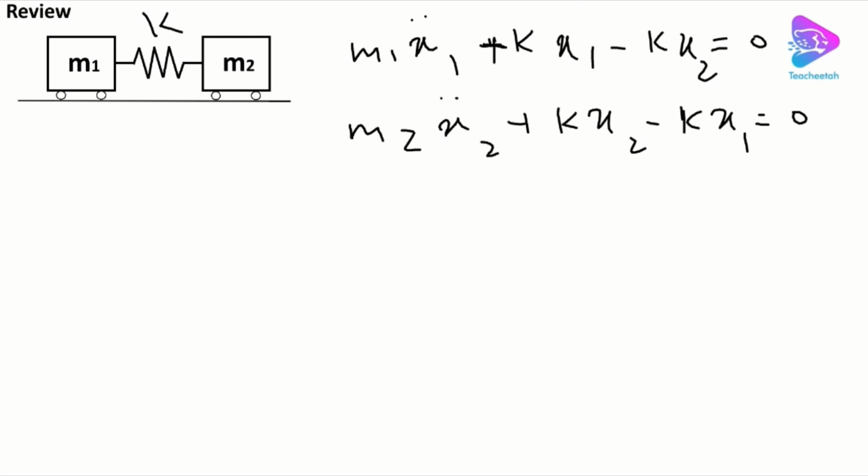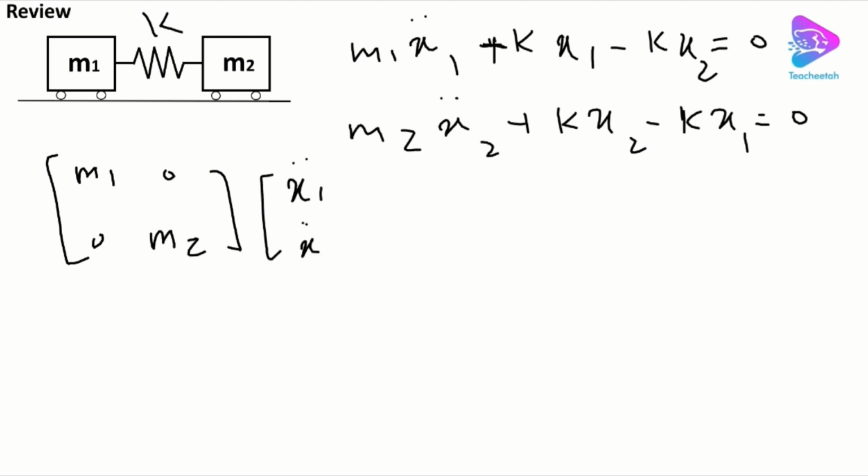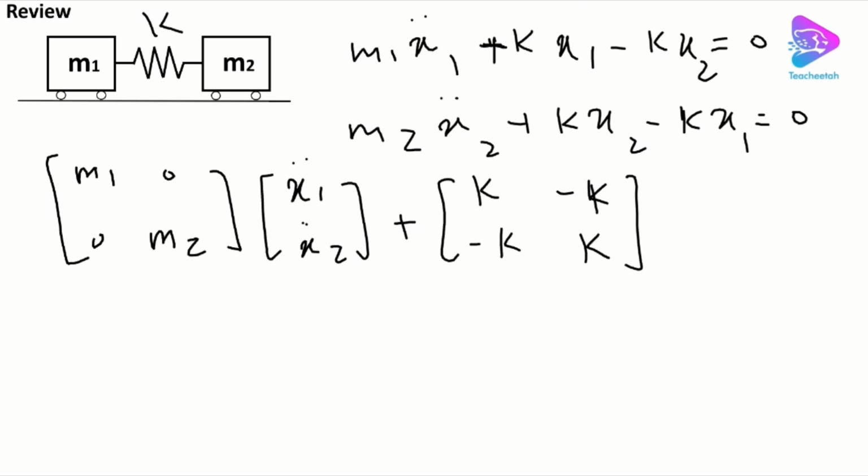And then if we set it into the matrix, we have [m1 0; 0 m2] times [x1 double dot; x2 double dot] plus [k -k; -k k], a very symmetrical matrix, times [x1; x2] equal to 0.